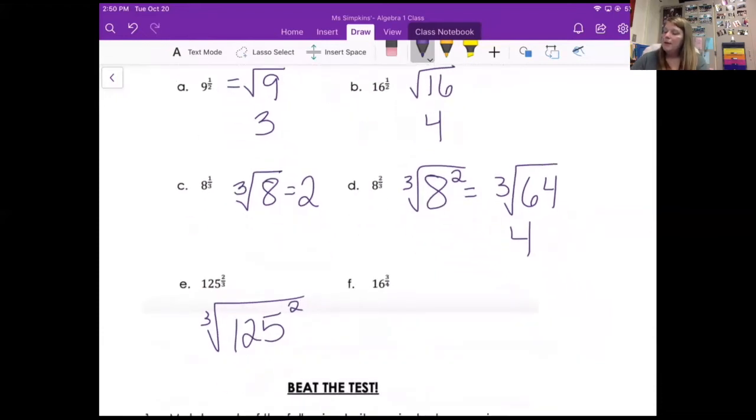So that's going to be a pretty big number. 125 squared means 125 times 125, which is 15,625. And then we want to take the third root of that. Hence why I asked you to use a calculator.